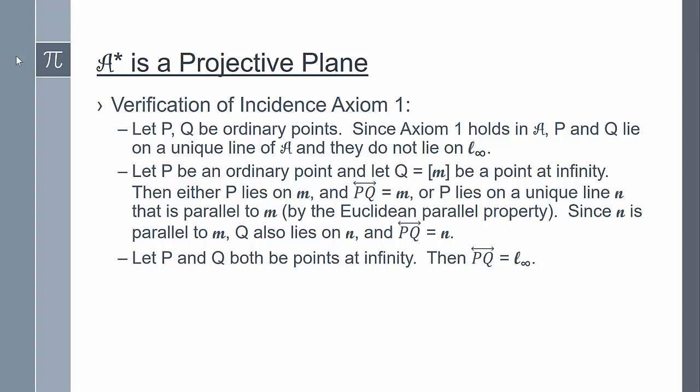Well, the way we defined L infinity, both of these points lie on L infinity, and therefore the line passing through P and Q is equal to L infinity. So every two distinct points in A star have a unique line passing through them, which verifies incidence axiom 1.